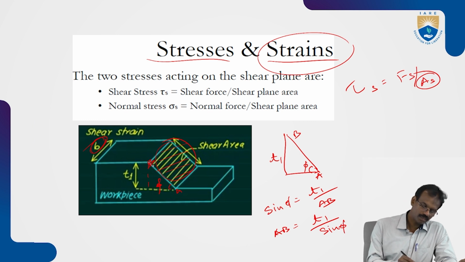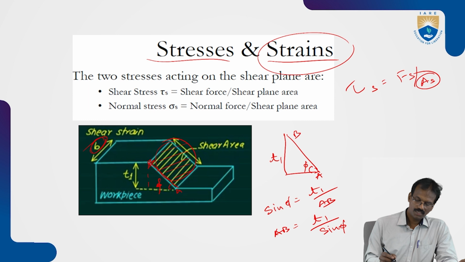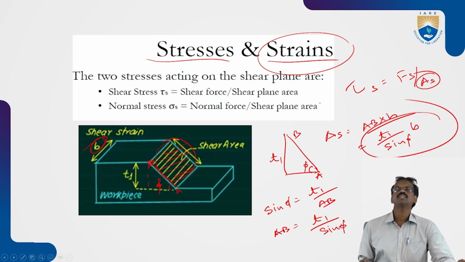So this side AB is equal to T1 by sin phi. Then shear area As is equal to AB into width B. Okay, so that's the total area. It means T1 by sin phi into width b. Okay, so this is the shear area.